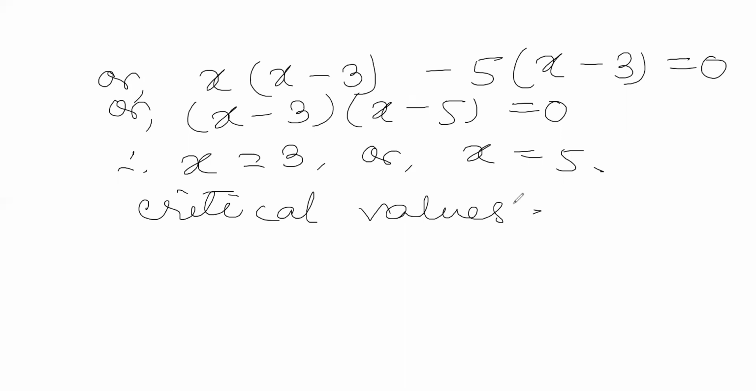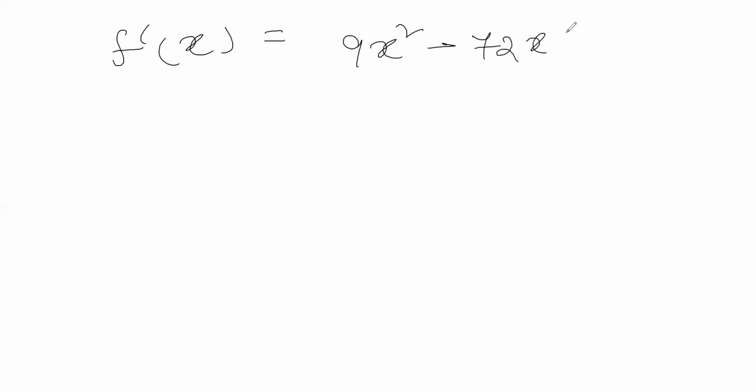Now, with these two critical values, we will be performing the sufficient condition, that means the second order condition. If you remember, the first order condition was f prime of x is equal to 9x squared minus 72x plus 135.